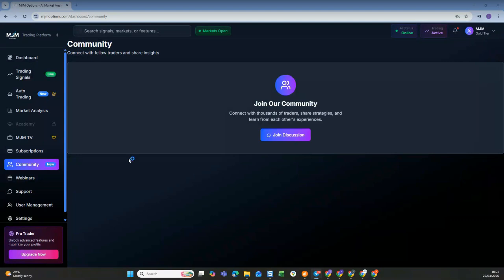So community, we have two types of communities. We have the MGM AI community, and we have the Market Warriors. The MGM AI community is where you get introduced to the AI, where you understand how it works, where you get access to it. And the moment you have access to it, you then get to join the Market Warriors. Now, the Market Warriors is where we do most of the things we do on the MGM AI community.